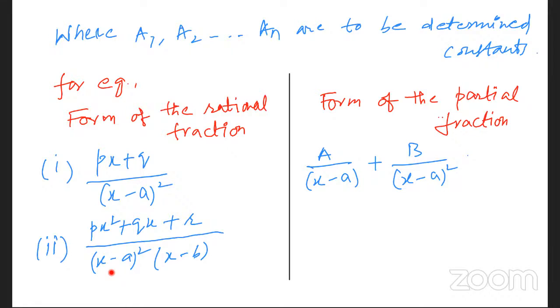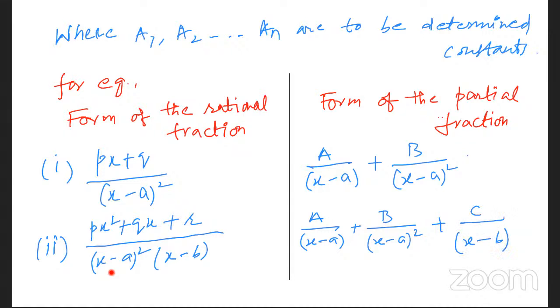How do you write for this one? A by x minus a plus b by x minus a whole square plus c by x minus b. This is how you write the form of the rational fraction and the form of the partial fraction.